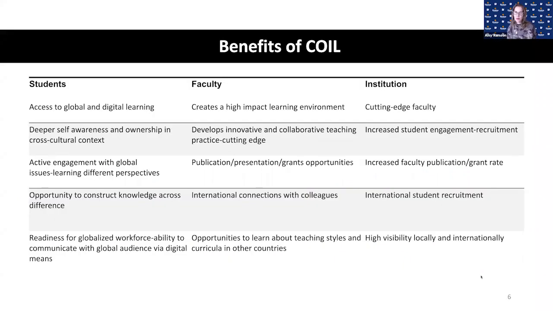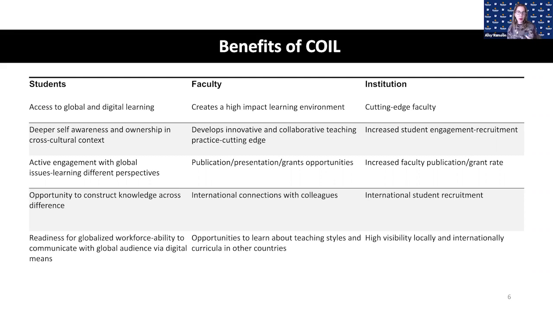These are some of the benefits of COIL, and it really has tremendous benefits for students, faculty, and even for an institution. As you can see, I don't really need to tell you, if you can read, that there's a lot of benefits for students. A lot of the benefits are in the form of employment competencies.